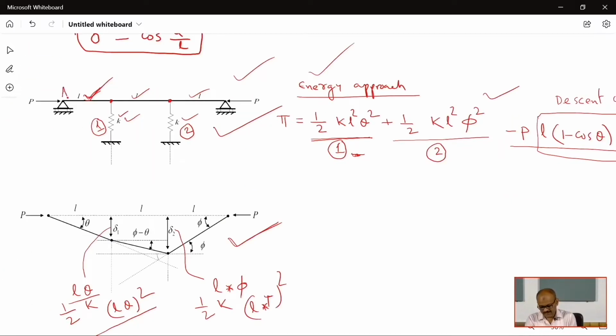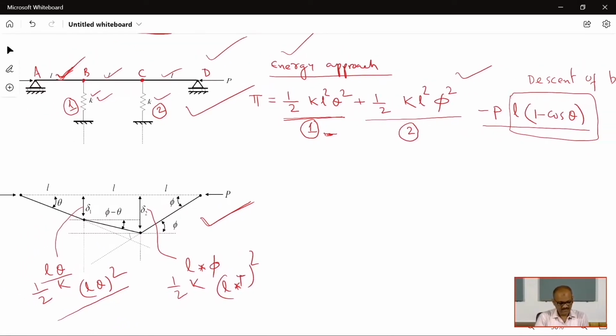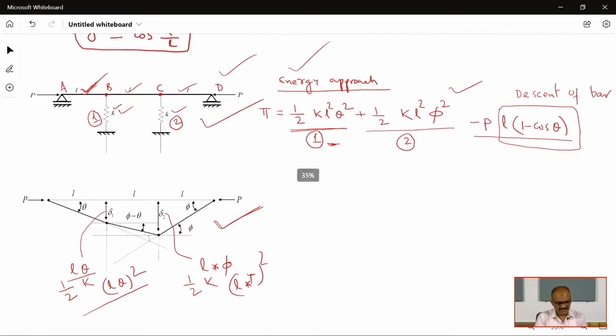Let this bar be A, B, this is C, this is D. Then the descent of bar AB will be this.